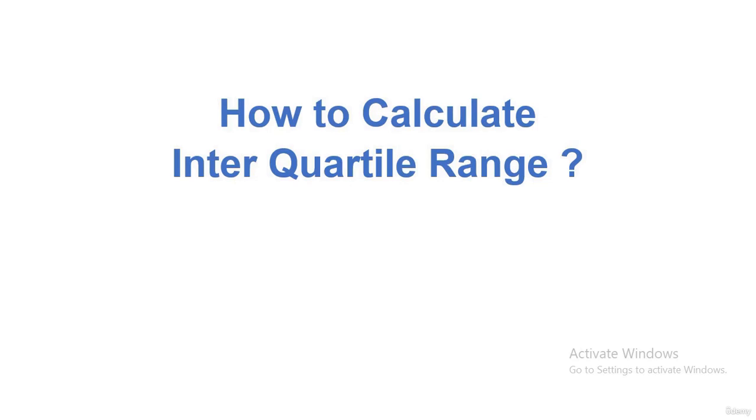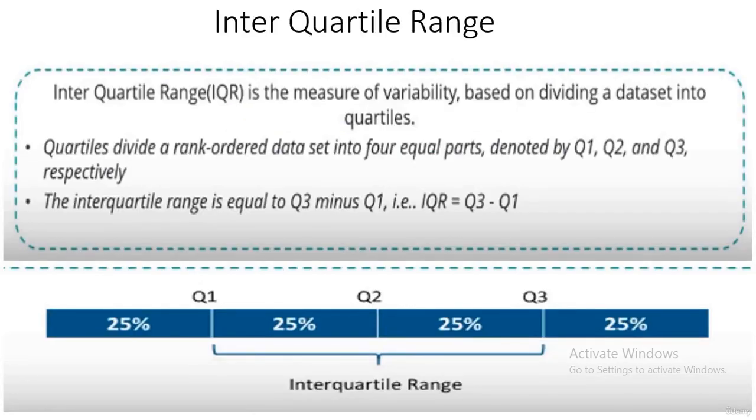So how to calculate the interquartile range? The interquartile range is the measure of variability based on dividing a dataset into quartiles. Quartiles divide a dataset into 4 equal parts, which you have seen earlier, and here also you can see 4 equal parts, denoted by Q1, Q2, Q3.